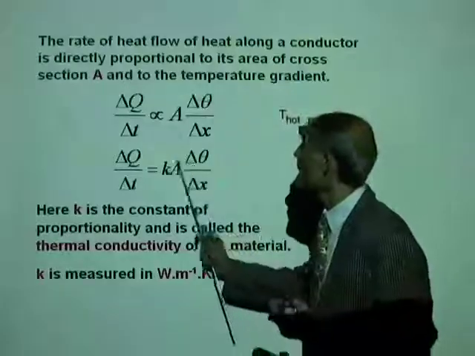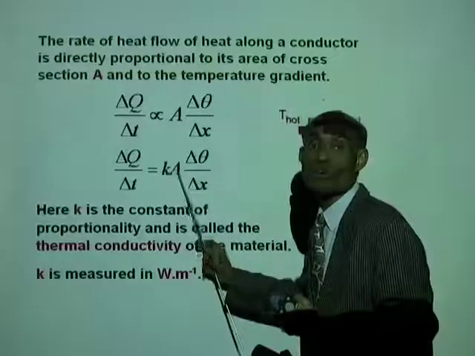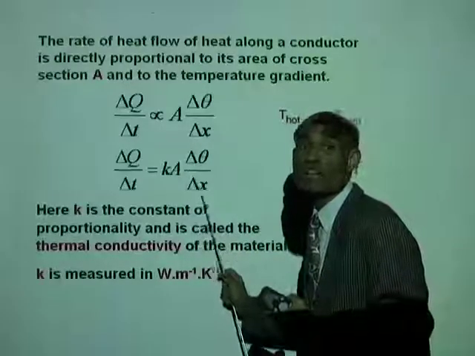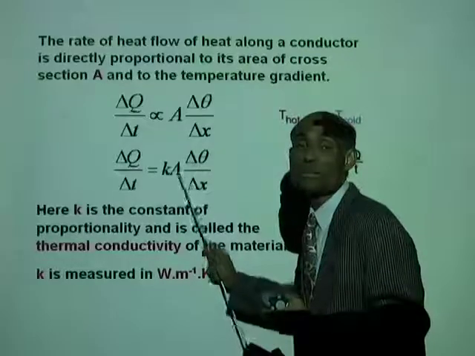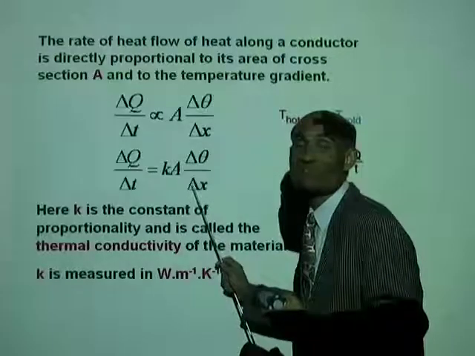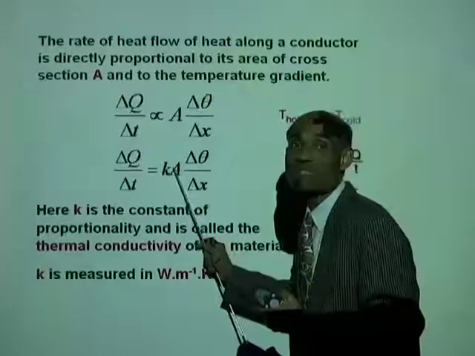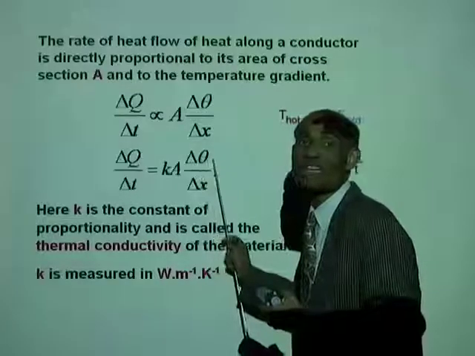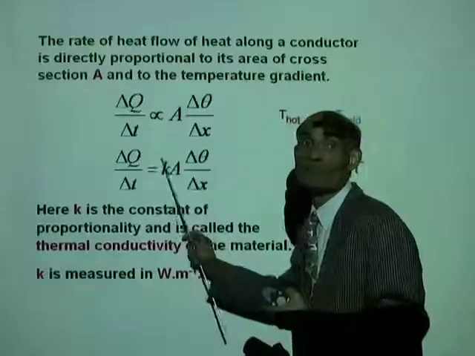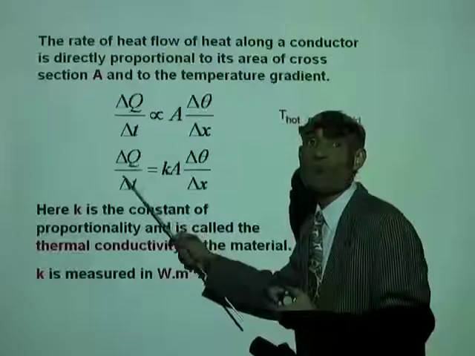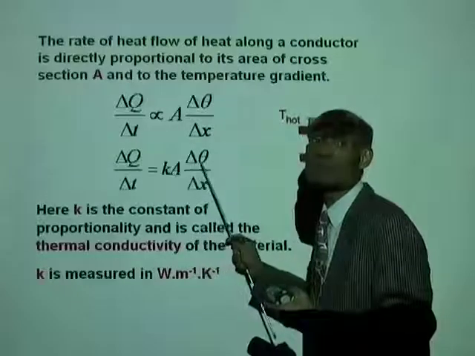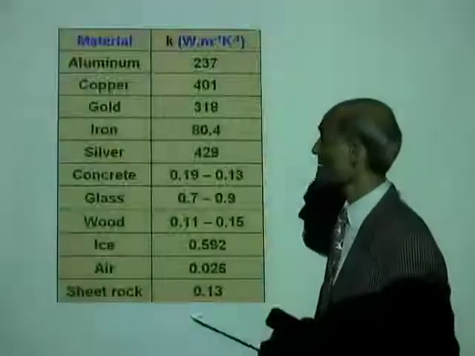If you look at this, A has the unit of square meter. Delta X is measured in meter. So square meter divided by meter is a meter, and delta theta is Kelvin. So the unit of K is watt per meter per Kelvin.